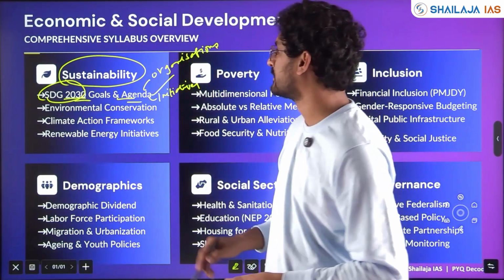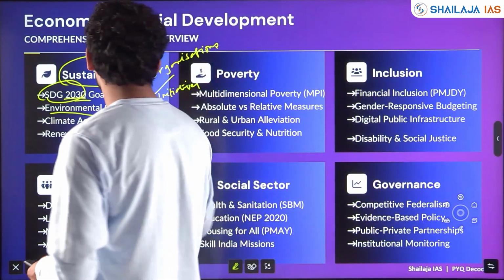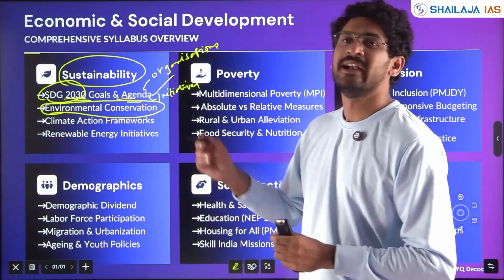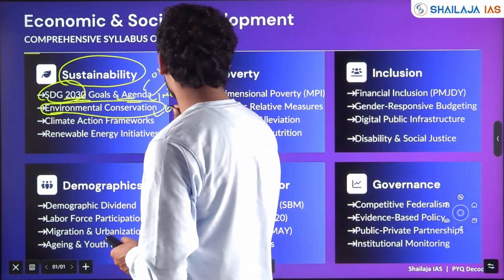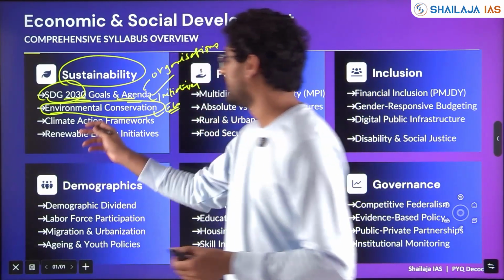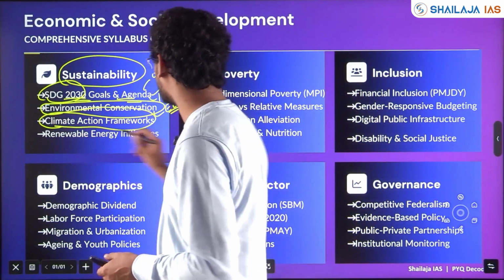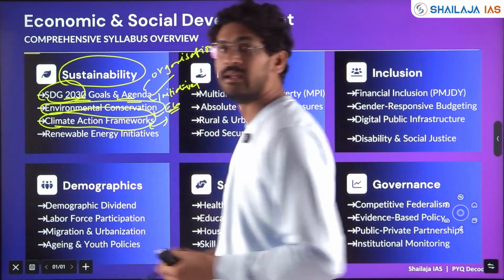That becomes important. Next, environmental conservation. Though environment is a separate subject, it might be linked with economy. Then we have climate action frameworks linked with economics. See, there is a cross-linking happening.